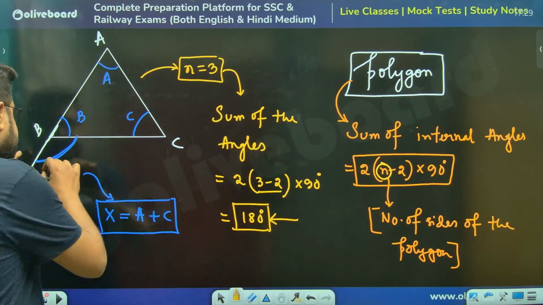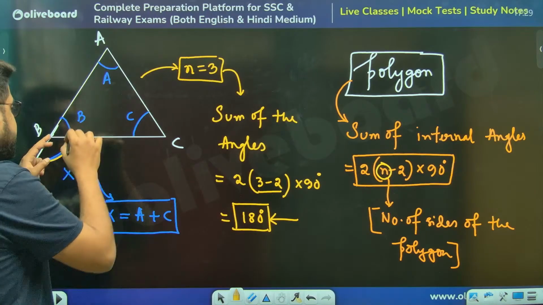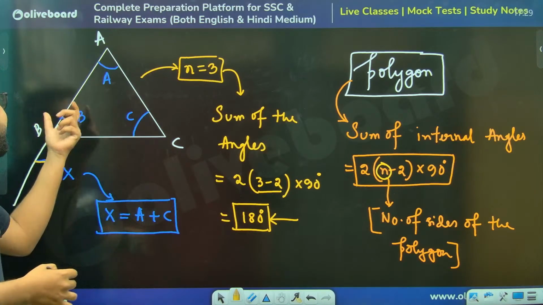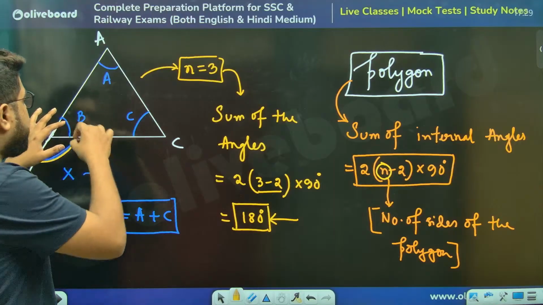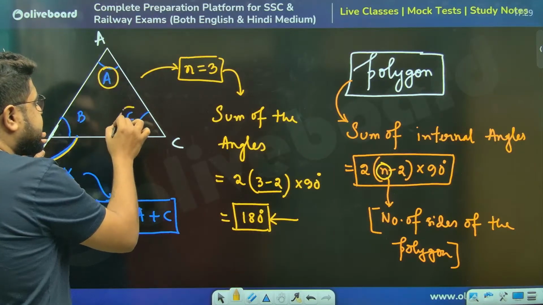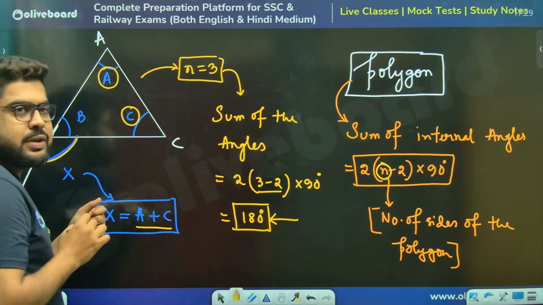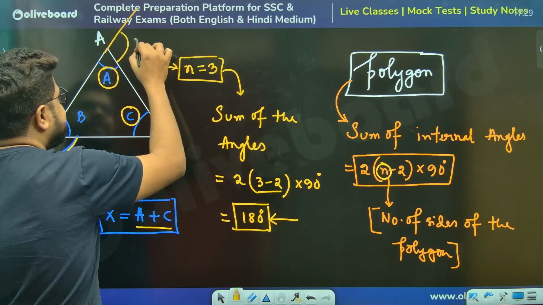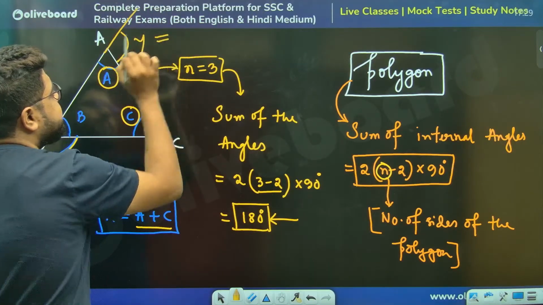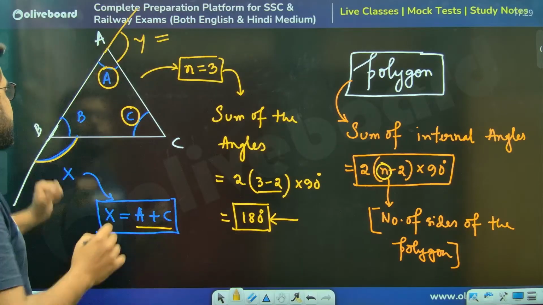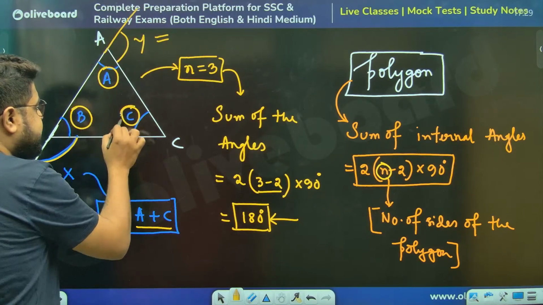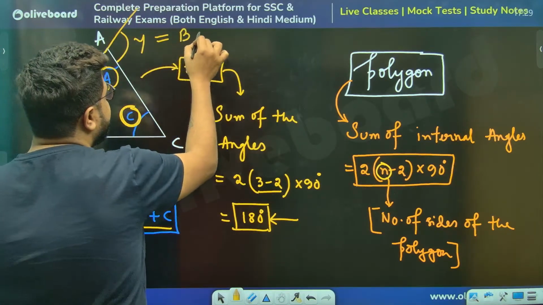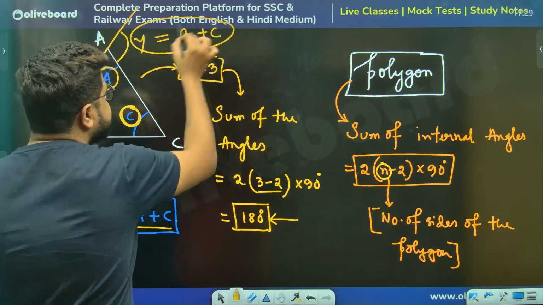Now, how? This is the external angle of internal angle B, so the opposite two internal angles are these. For example, if you extend this side, let's say this is Y. That will always be equal to the opposite two, here B and C. So it will be B plus C.